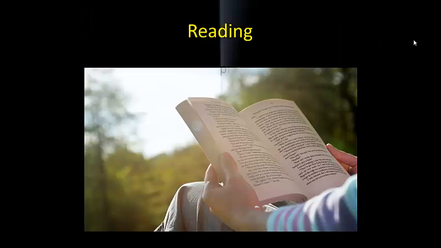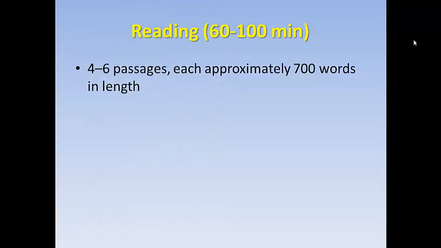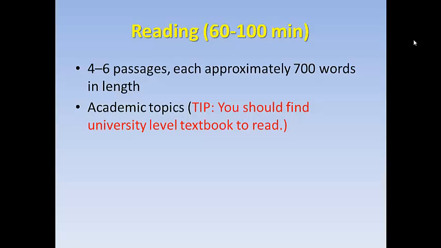So let's look at the reading section here. So the reading section is going to be 4 to 6 passages, and each are going to be approximately 700 words in length. They're going to be on academic topics, so the kind of material you should be reading to prepare for this particular section, you should find some university level textbooks in English to really practice from.